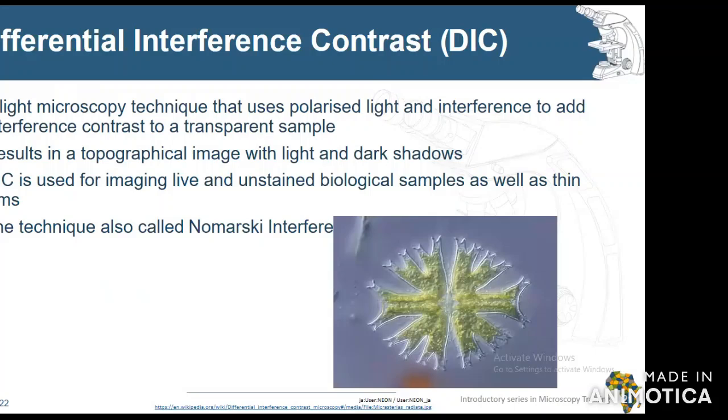The 3D contrast that is obtained is just by polarizing the light source, and this will create two planes of light by using a specialized kind of prism, known as the Wollaston prism. The Wollaston prism will split the ray of light into two, and the two of them will interact with the sample.